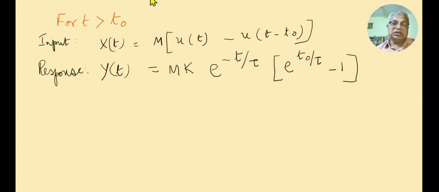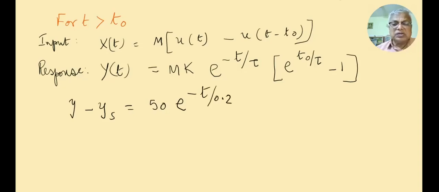Shall we simplify this? Y minus ys, m is 50, e power minus t by tau, tau is 0.2, into e power t naught by tau minus 1.